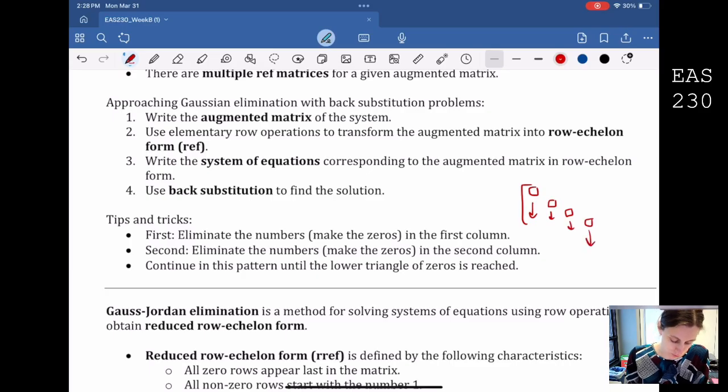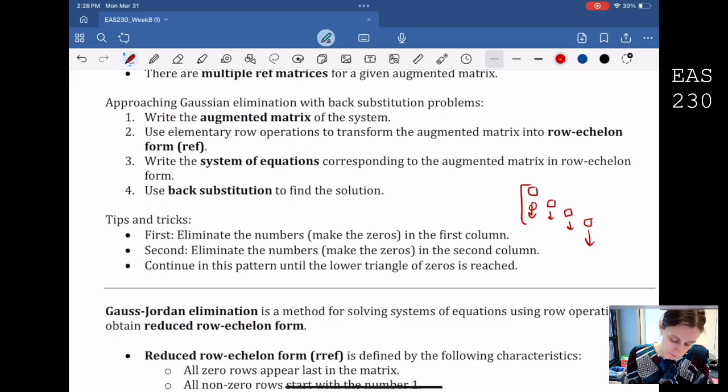Fourth row, find all the zeros below it, etc., until we have all these zeros down here for however many we need. These numbers up here could be zeros, could not be zeros, as long as there are zeros below each pivot. That's our tips and tricks. That's our general process that we can use in order to solve our system every time.